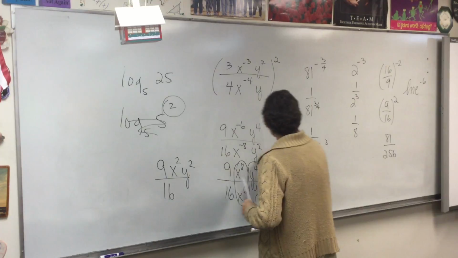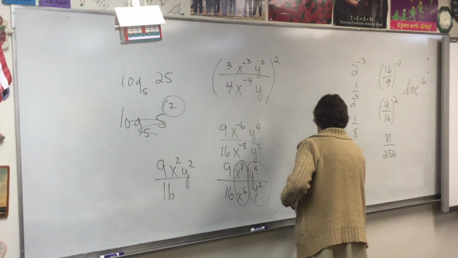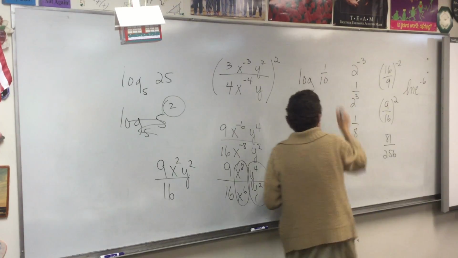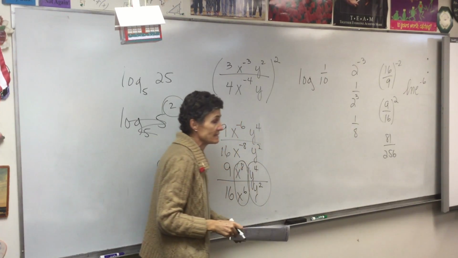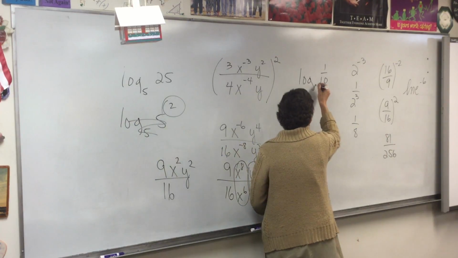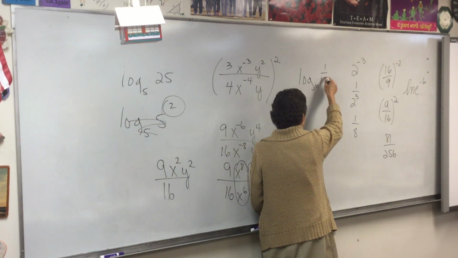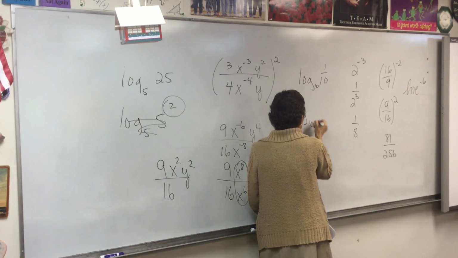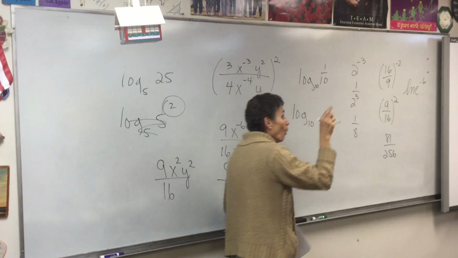H, little bit tricky. What's the base here? 10. The base is 10. Now, I need these two numbers to match. That almost matches. How could I rewrite 1 over 10?